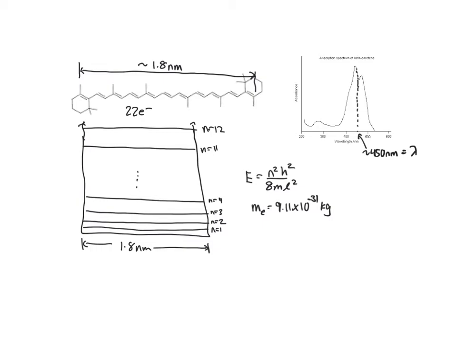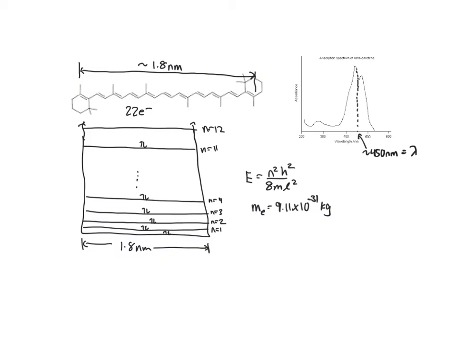So we have 22 electrons, and 2 electrons can fill each energy level. So we have 2, 4, 6, 8, 10, 12, 14, 16, 18, 20, 22. So we fill up to the n equals 11 level in this particle in a box model.